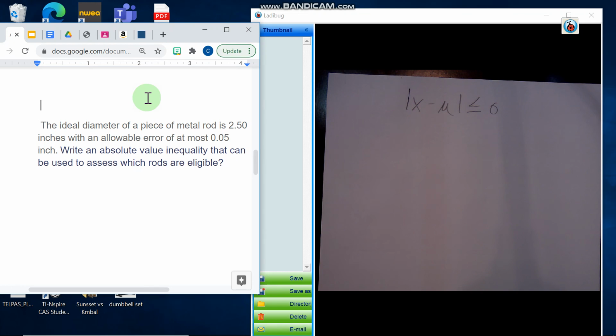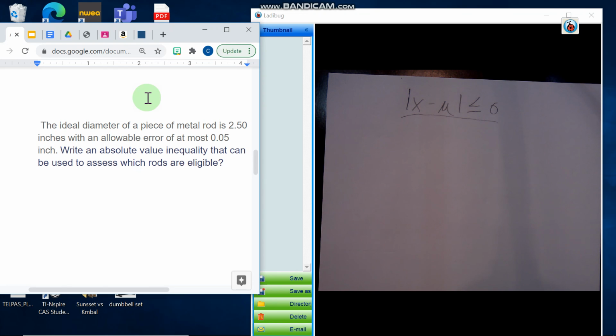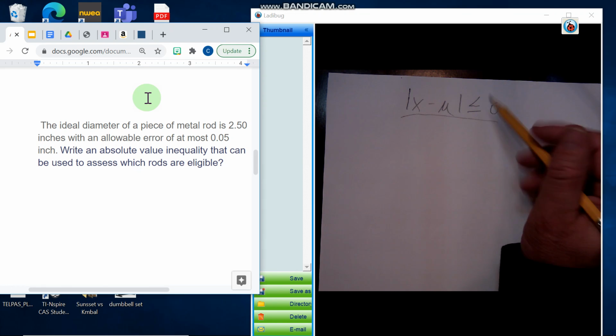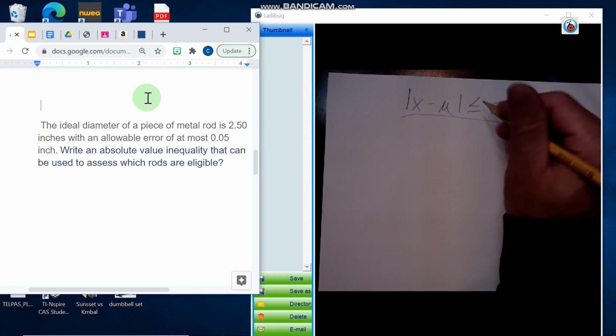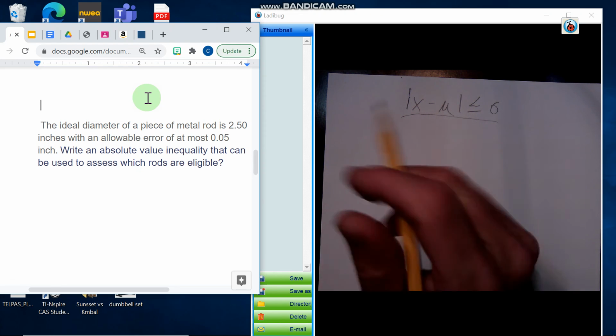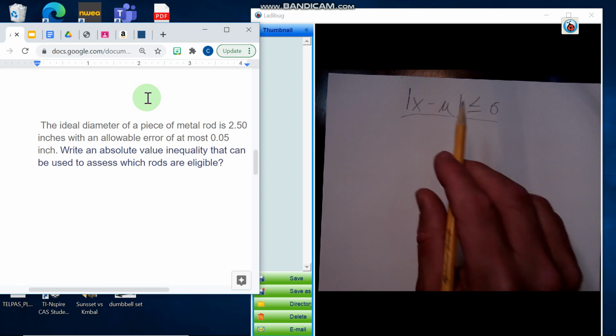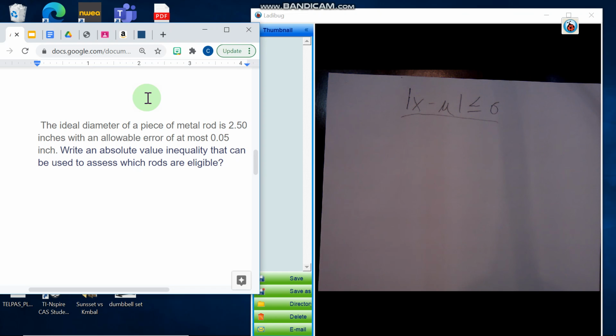With very, very little exception, you'll always be looking at this inequality. It'll always be a less than or equal to. It's very rare that you'll use the greater than symbol. So, the ideal diameter of a piece of metal rod is 2.5 inches.